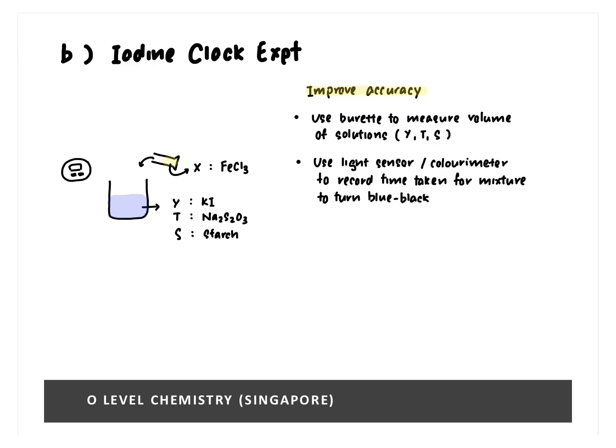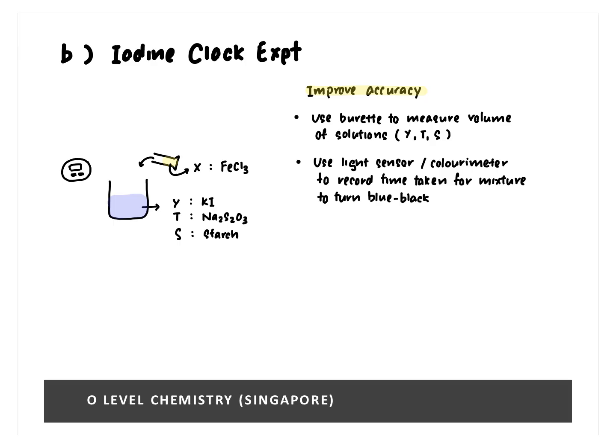So one way to improve it is to suggest a more accurate apparatus in the form of a burette to measure volumes of solutions. Now, pipettes are not recommended because pipettes can only be used to measure fixed volumes, so there is a limitation to using pipettes.